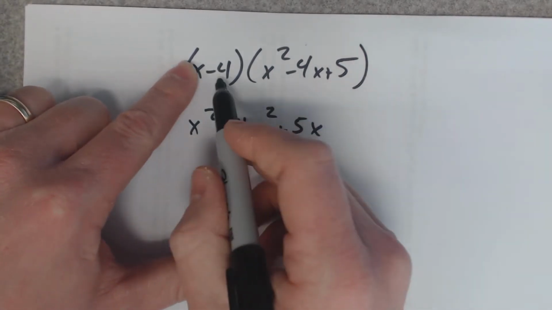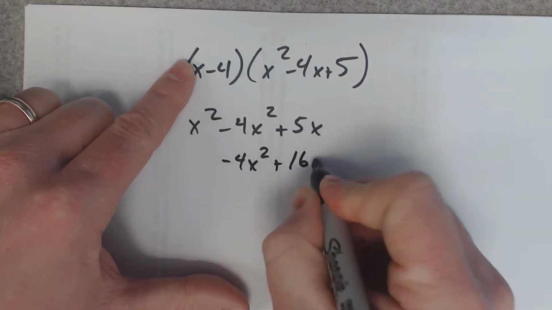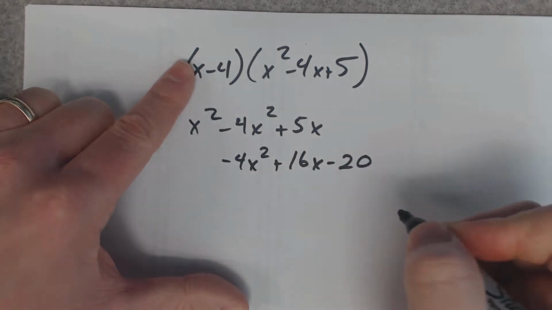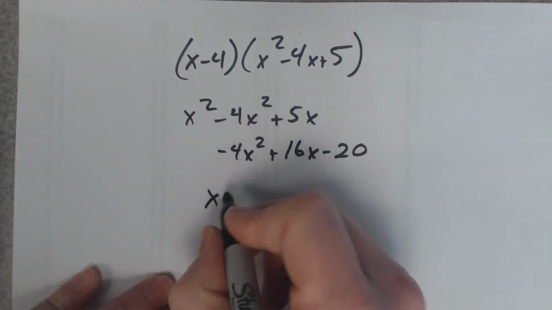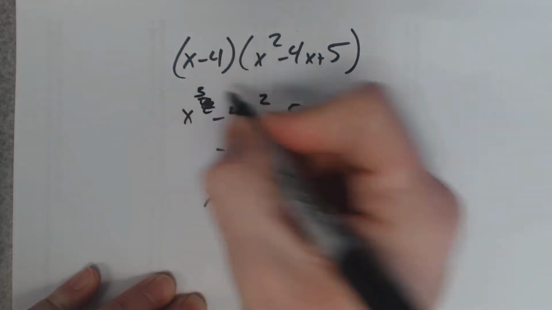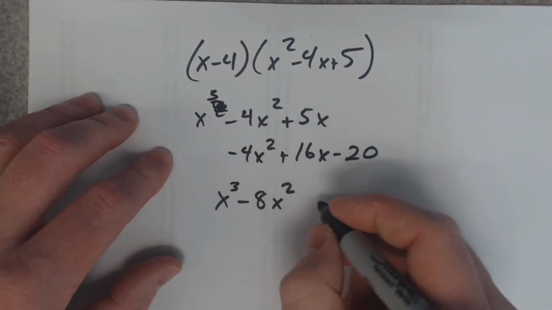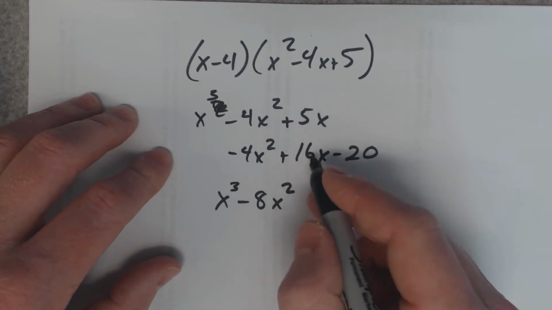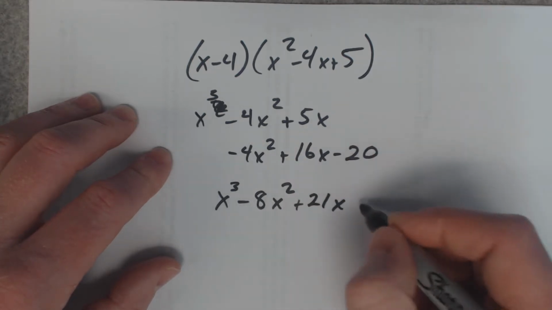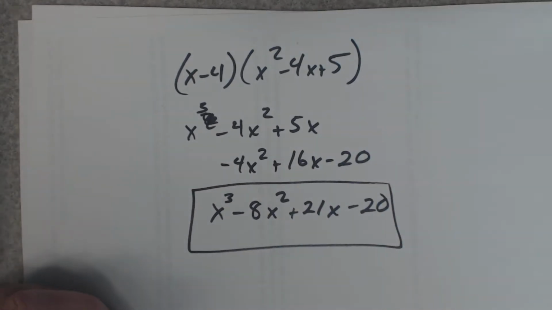Distribute all three pieces, a negative 4 to all three pieces there. Okay, and these two guys go together. That's x cubed. And then 5 and 16 give you a positive 21 minus 20. And there's your polynomial that gives you those three zeros. Man, that was fun.